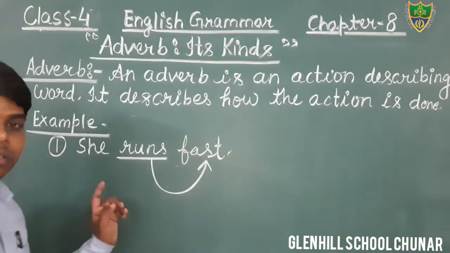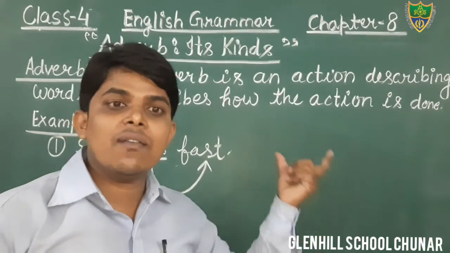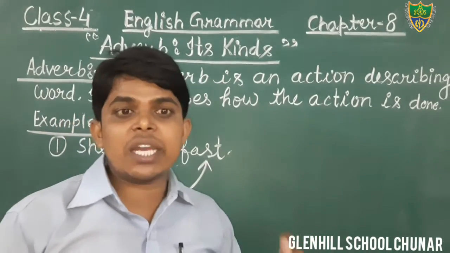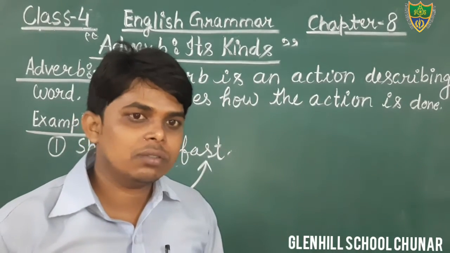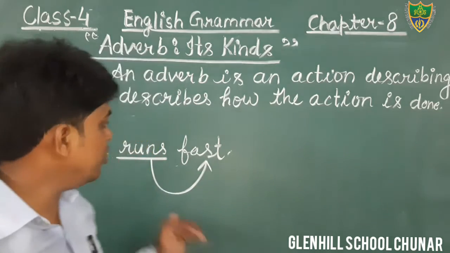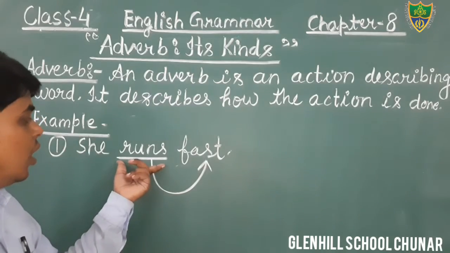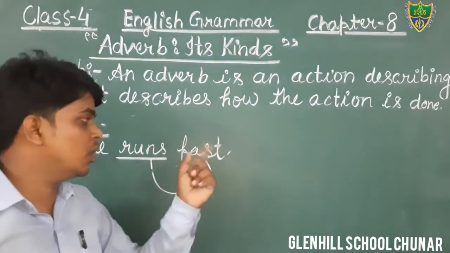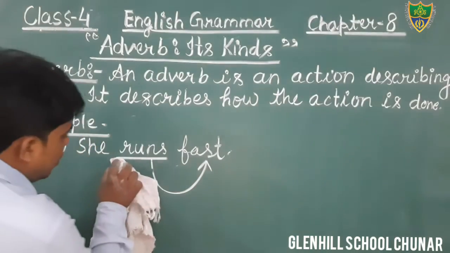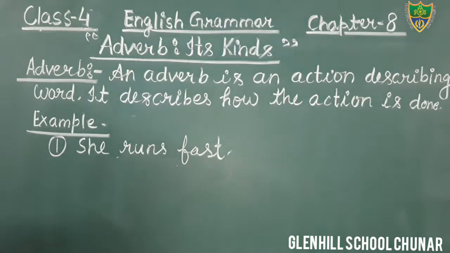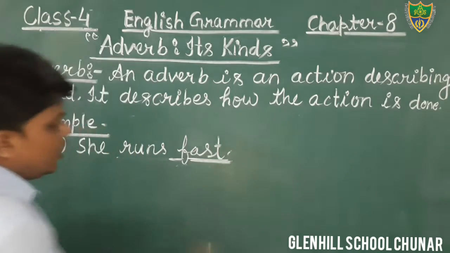How does she run? She runs fast. It describes how the action is taking place, how the action is done. Here the word run is an action word, and it has been modified with the word fast. So the word fast is an adverb in this sentence.